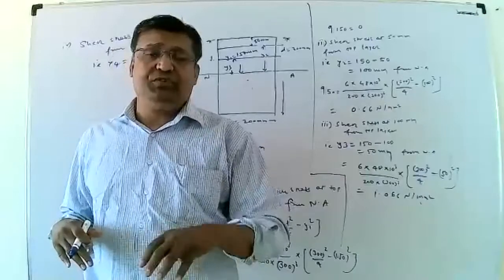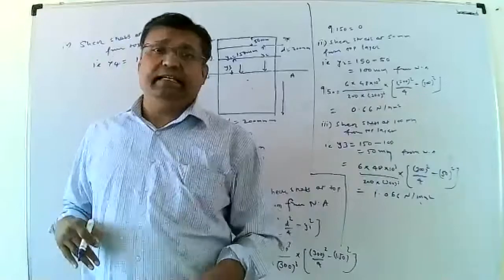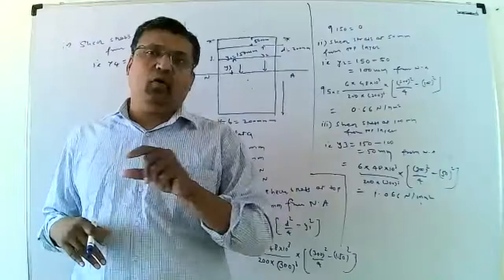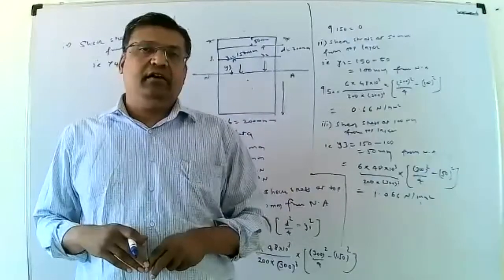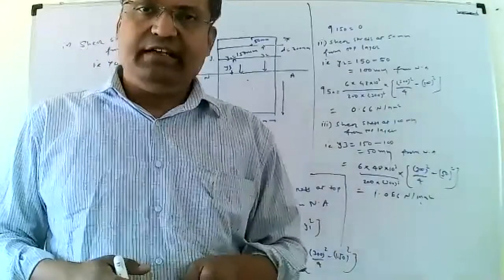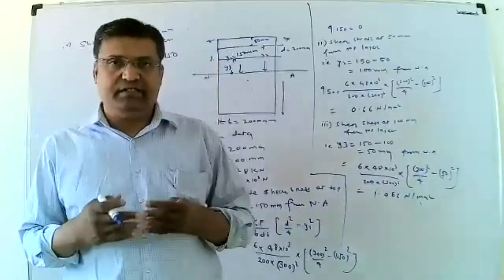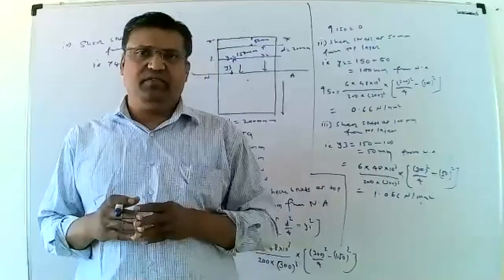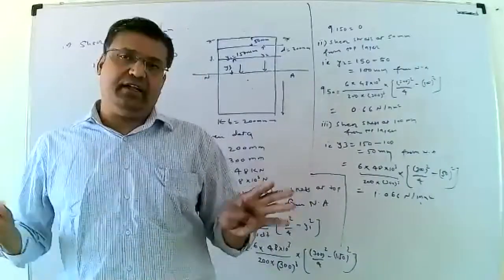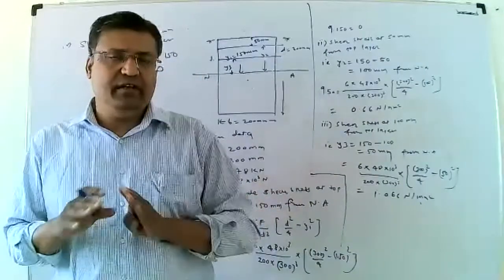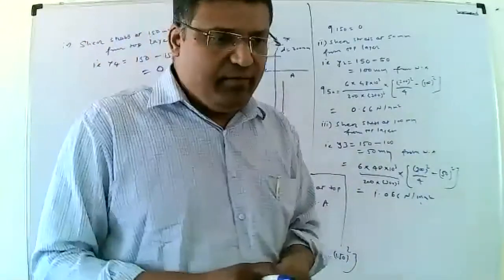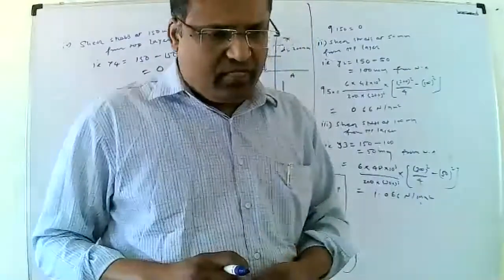Always remember that in the neutral layer, no stress is induced. That layer is said to be the neutral layer. Neutral layer means the shear stress will be 0 at that layer.